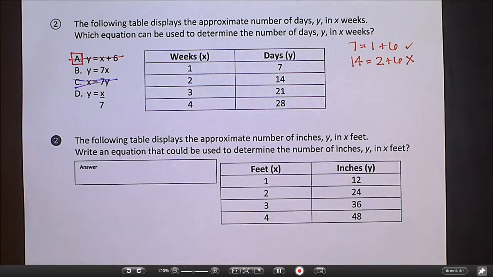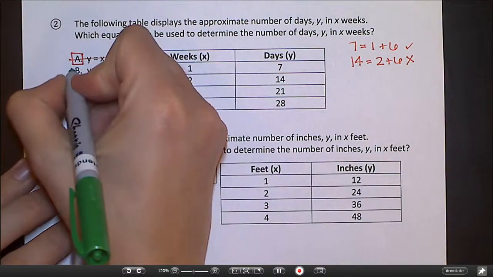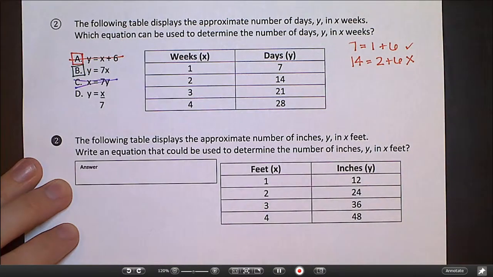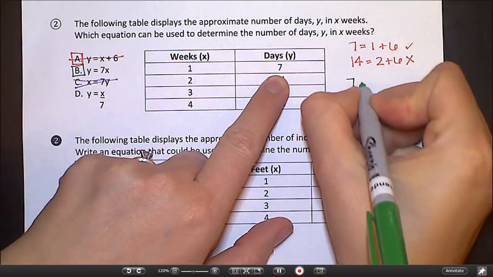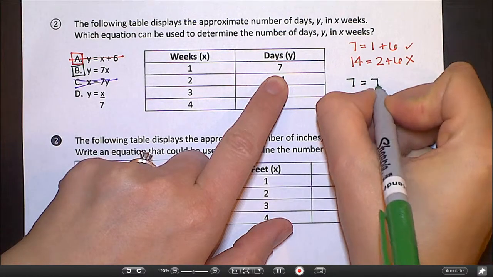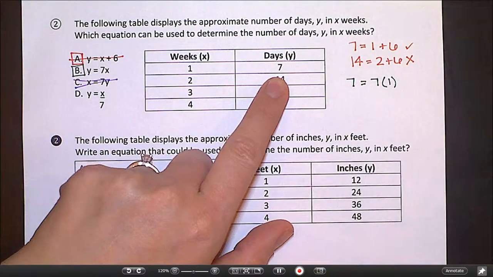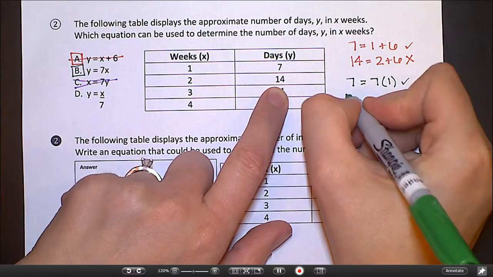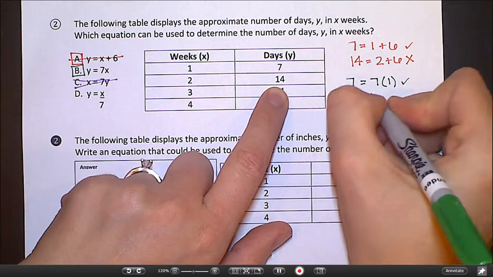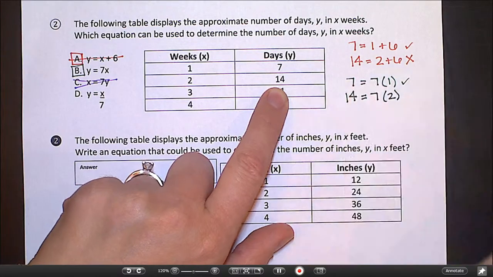And you could actually keep checking these if you wanted to. Okay, let's check B. Y equals 7 times x. So I'm going to say 7 equals 7 times 1. Okay, that one works. That is a true statement. Move on to the next one. 14 equals 7 times 2.